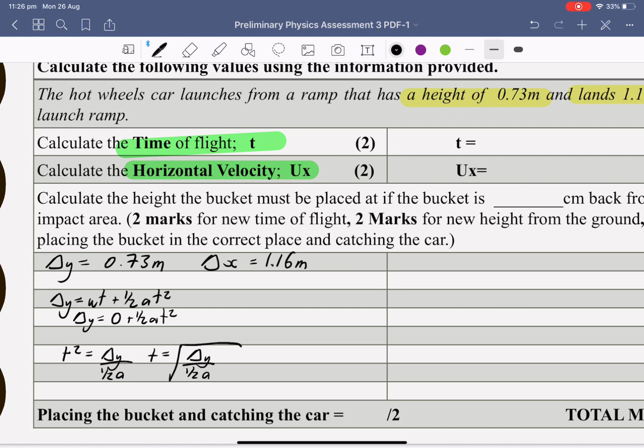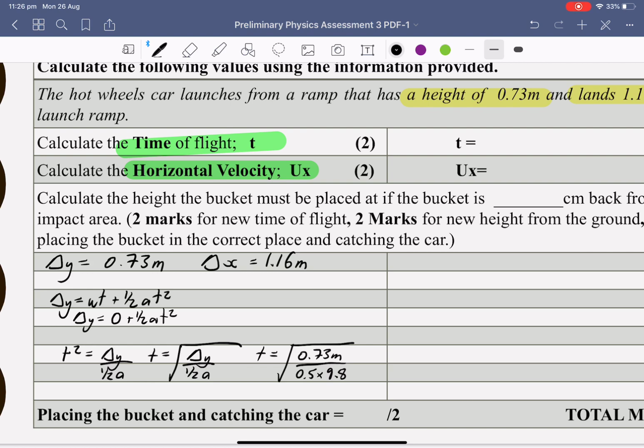Plugging in our values for this, we get T equals the square root of, now our delta Y, as we can see there in the question, is 0.73 meters. And obviously a half A is going to be a half times 9.8, so 0.5 times 9.8.